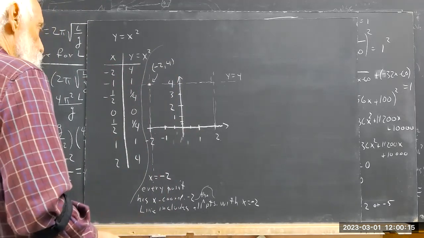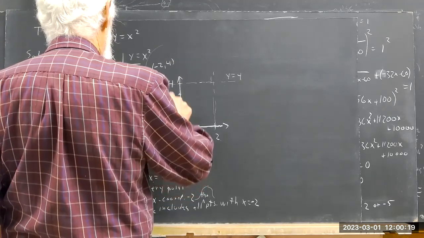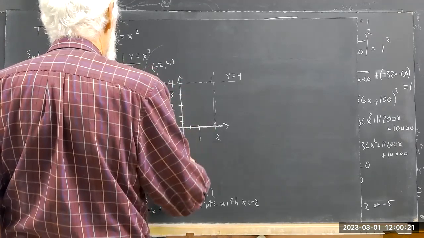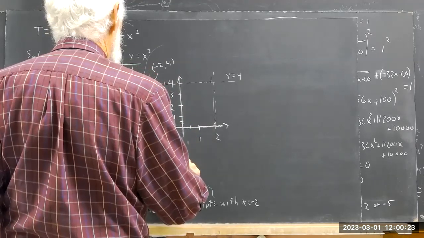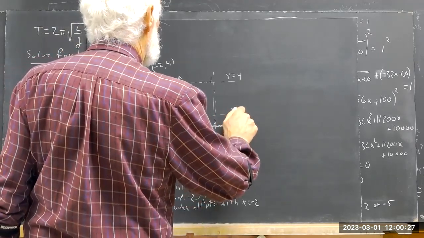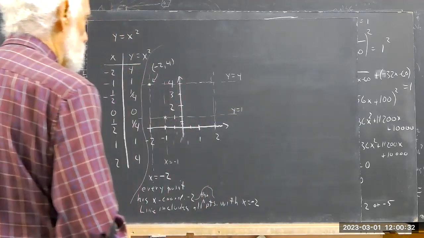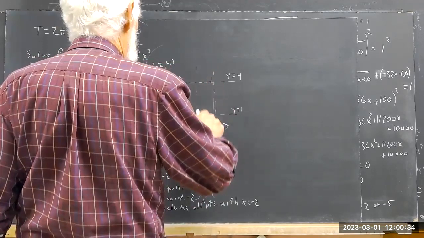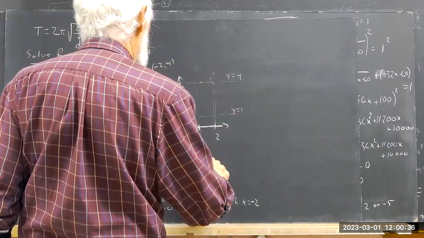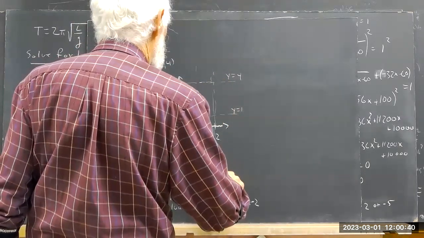Then, using similar strategy, we could label this line x equals -1. And this line y equals 1. And we get a point here. Of course, we could label the line x equals 1. And of course, we got the line x equals 2 here.